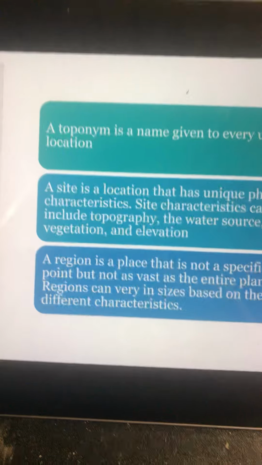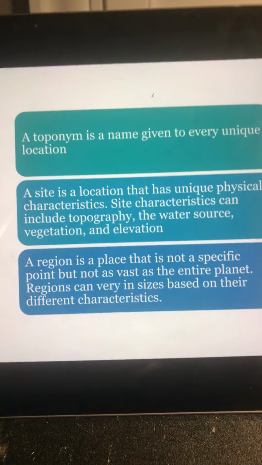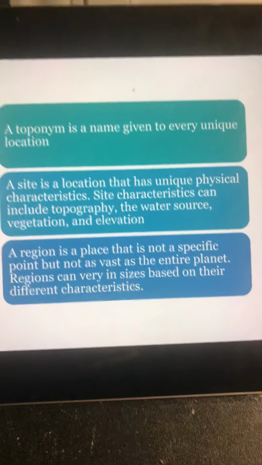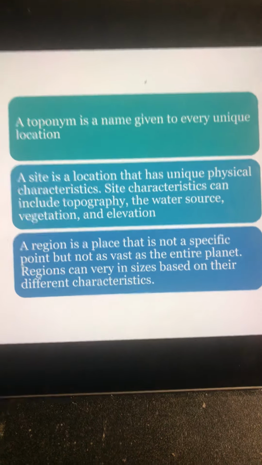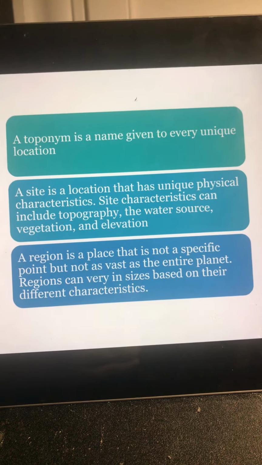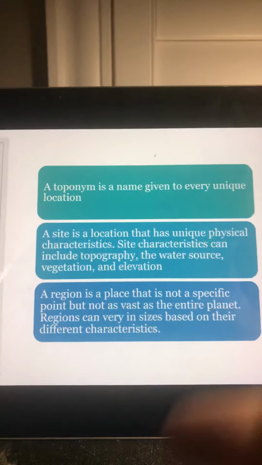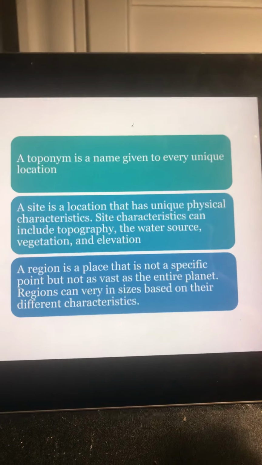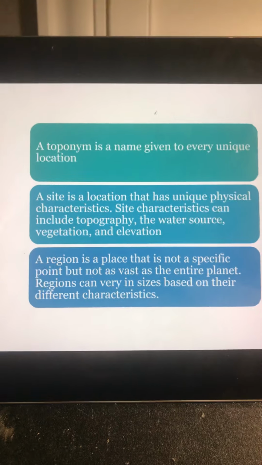Okay, so next we've got regions, names, and sites. A toponym is a name given to every unique location. Unique locations include anything with unique physical characteristics, so mountains or plateaus may be a unique physical characteristic.